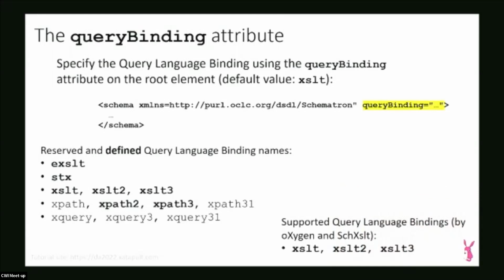In practice, there are only a few supported, which are XSLT, XSLT2, and XSLT3. Well, no surprise there. All the other ones, you can try setting the query binding attribute to some other value, but it will probably complain or it will not work correctly. And as I told you before, my advice is use XSLT3 because that's the most modern one at the moment.